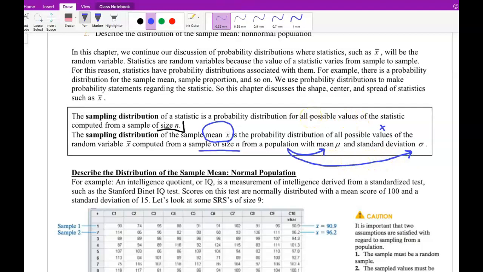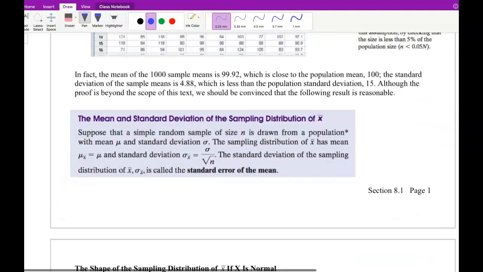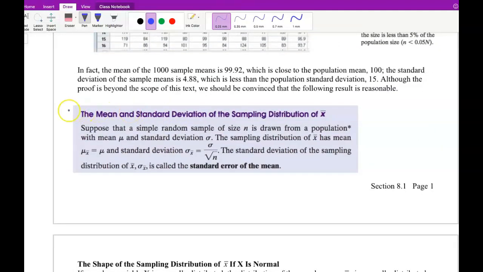So I'm memorizing what we had on top, and I'm writing here: for the population, the mean is mu, and for the standard deviation, that is equal to sigma.